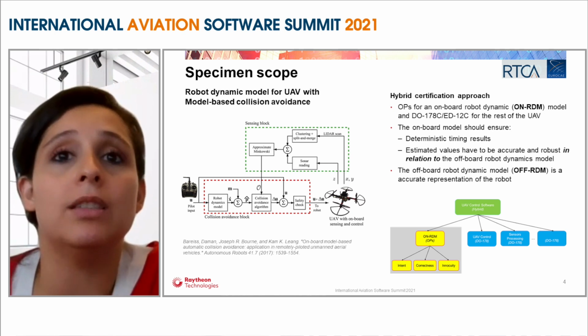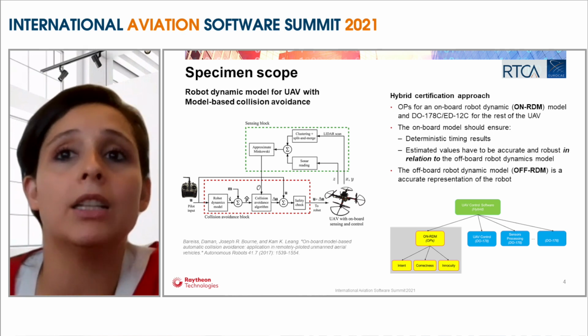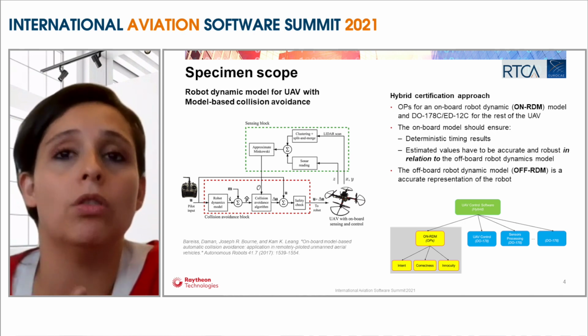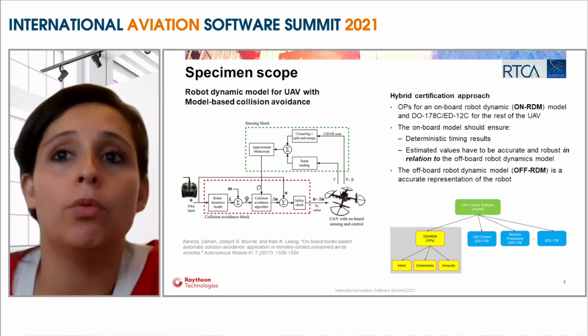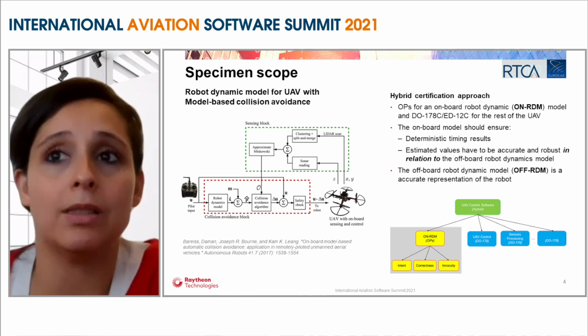And here, as you can see, we're using DO-178 for the controlled part of the UAV, the sensor processing, and the other software components, except for the onboard model, where we actually use OPs.